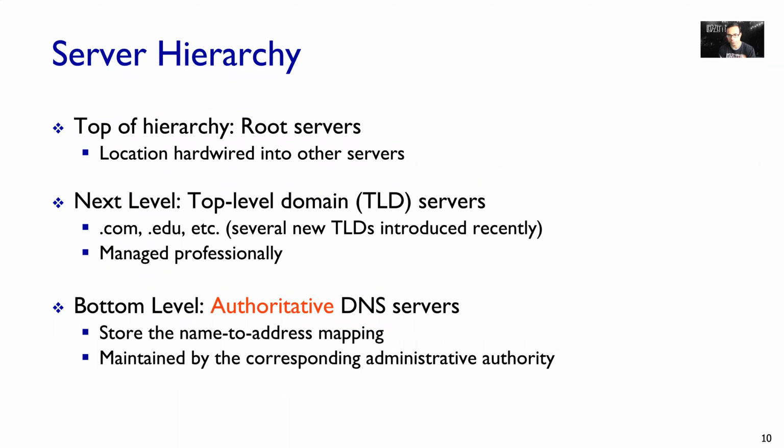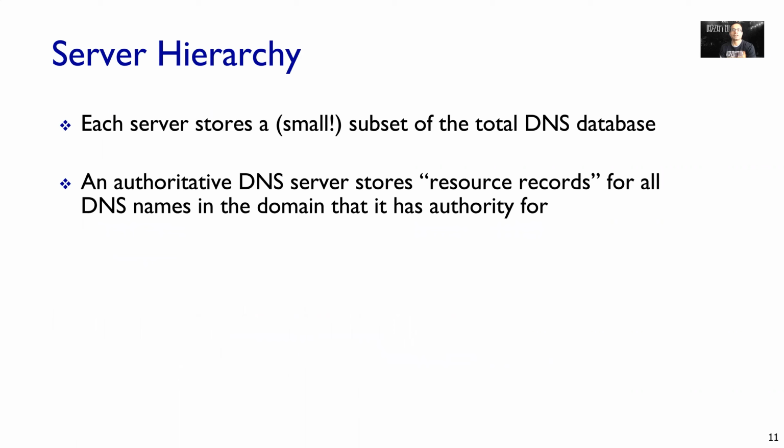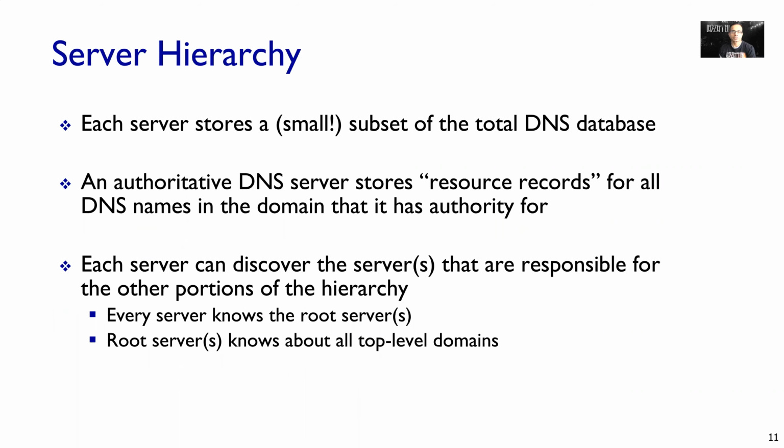So Berkeley is responsible for maintaining those DNS servers, and these are called authoritative DNS servers. These are the ones that have the actual mapping. As you saw there, each server stores a small subset. An authoritative DNS server has the actual answers because, as the name suggests, it is the authority for that particular domain.